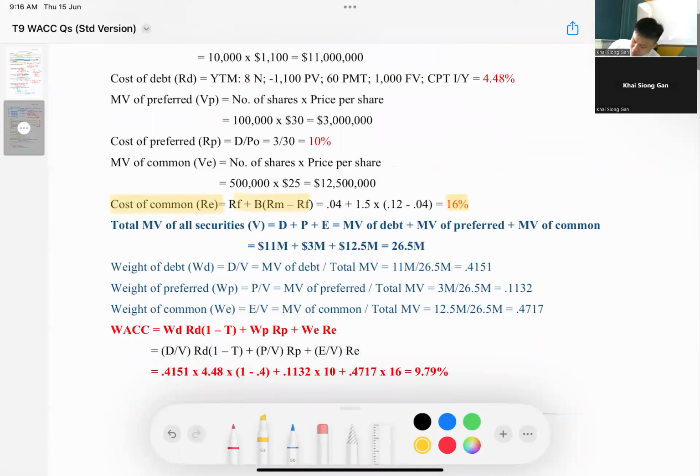Okay, so at the end, when you want to calculate WACC, you must make sure you calculate the total market value of all securities, the weightage of debts, the weightage of preferred stock, and the weightage of common stock. Okay, and then put everything in WACC. Do not forget to adjust for the tax for the debts as well. Okay, so there's the answers for this question.